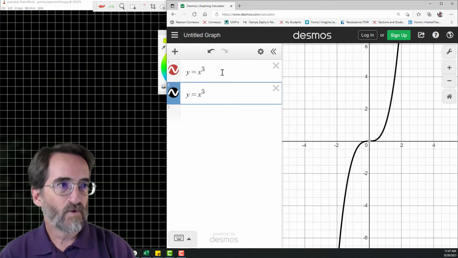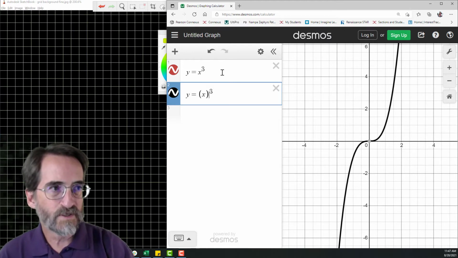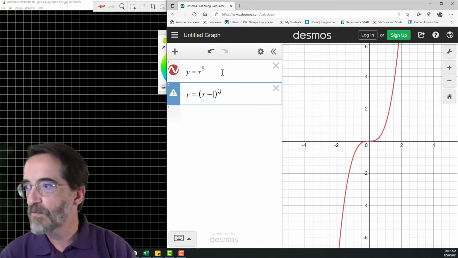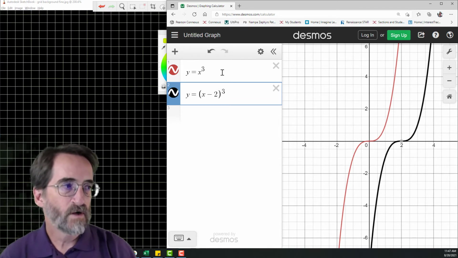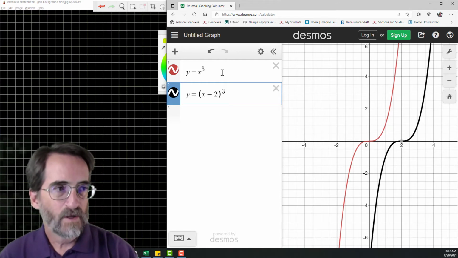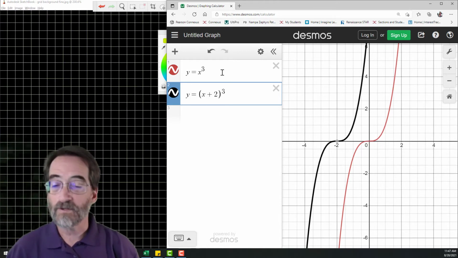If I want to move it to the left, I'm going to put parentheses around the x and say minus. They want us to move it left, but that moves it to the right. If I change this to a plus 2, it moves it to the left.